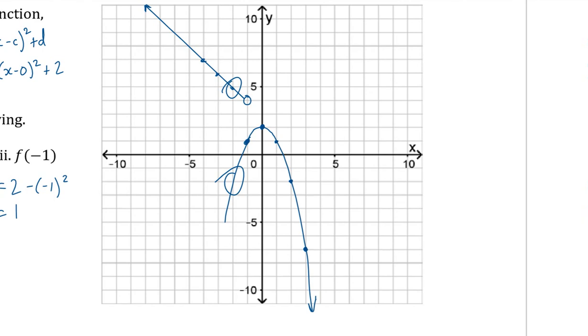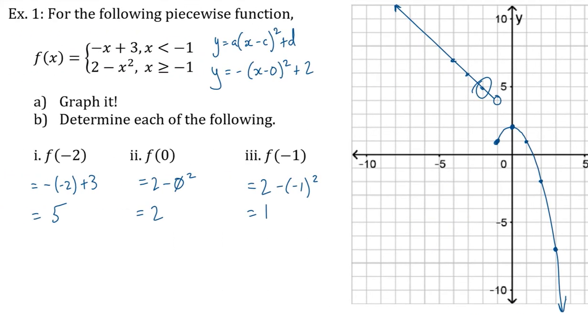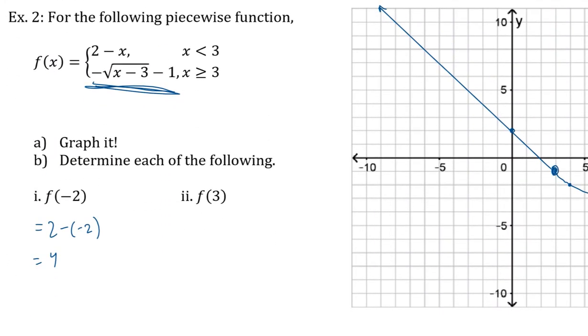Even if you can sub in and get an answer, 5 is the correct answer for this function, not the value you would get for that relation. So again, we're talking about the difference between a relation and a function that has its own domain. And then at 3, that's going to be this point that is included there. So we do negative square root of 3 minus 3, minus 1, which is 0 minus 1, which is negative 1. And that was the case.